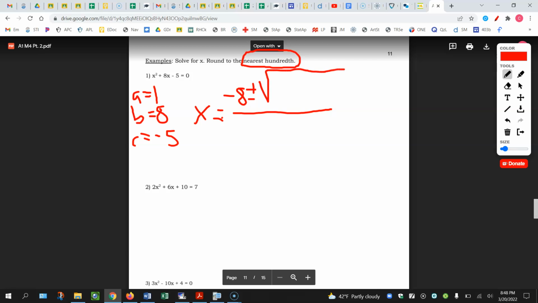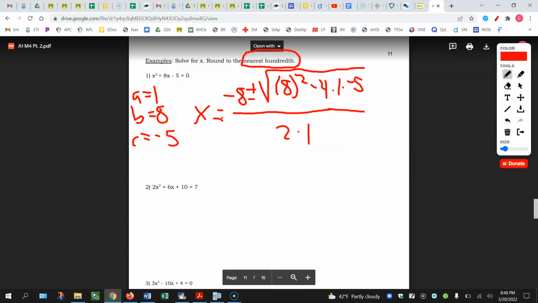We have the square root. B goes in parentheses, b squared minus 4 times a times c. This is divided by 2 times a. Right? So that's how you're going to substitute into the quadratic formula.